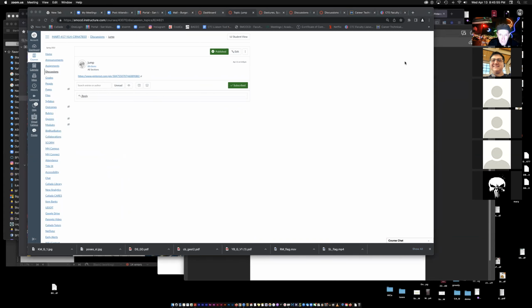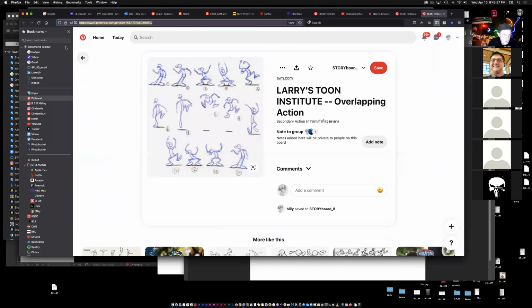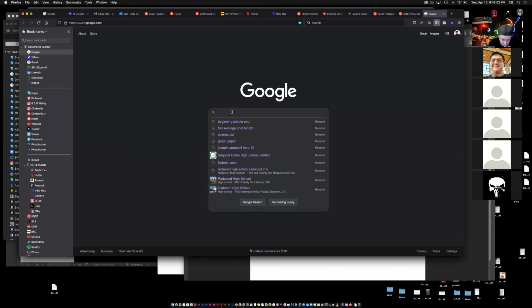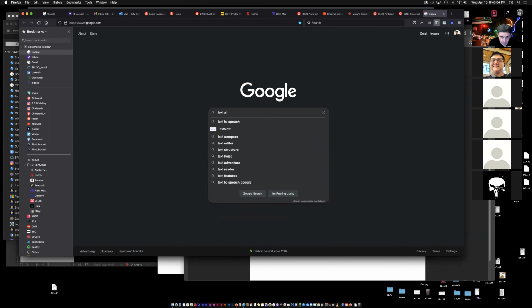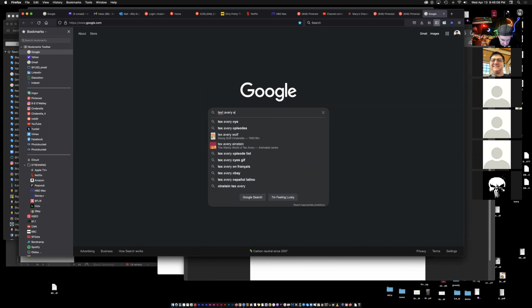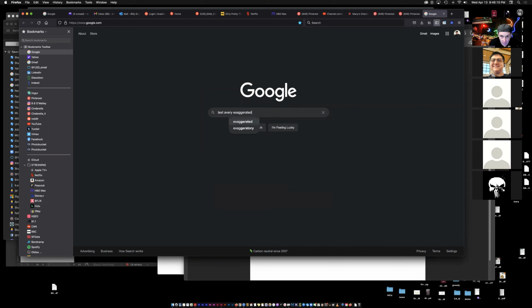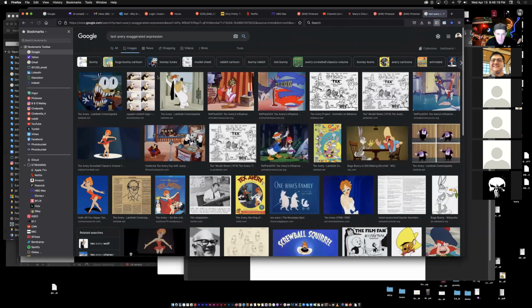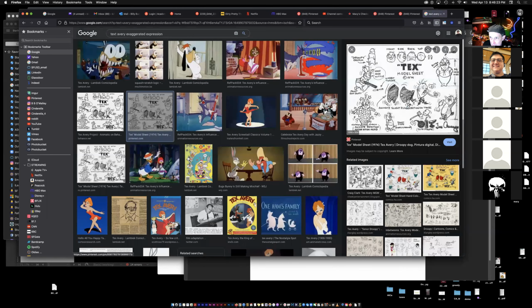But then let's go back over here and let's do just the study of Tex Avery, exaggerated expression. Switch it to images, and he was the master of this. He was the master of the crazy expression here.